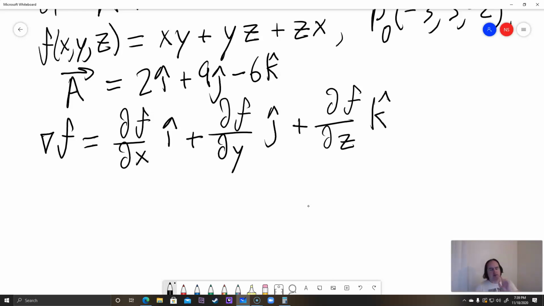That's our gradient of f. And here, let's start with partial f partial x. The derivative of this function with respect to x means that y and z are constant.